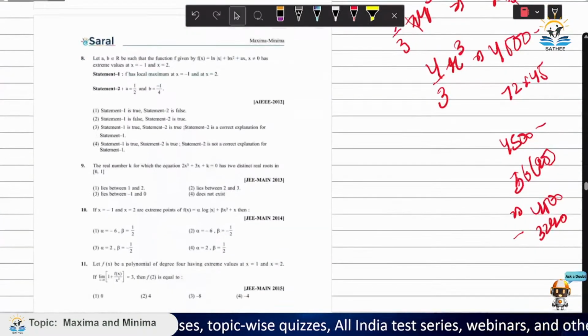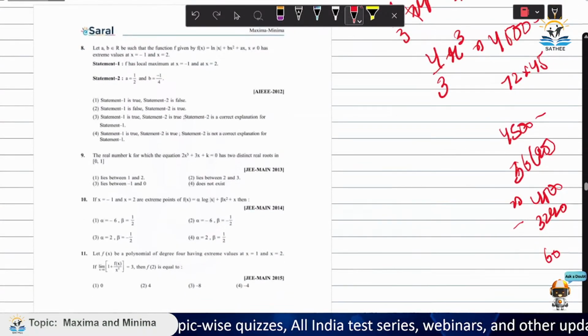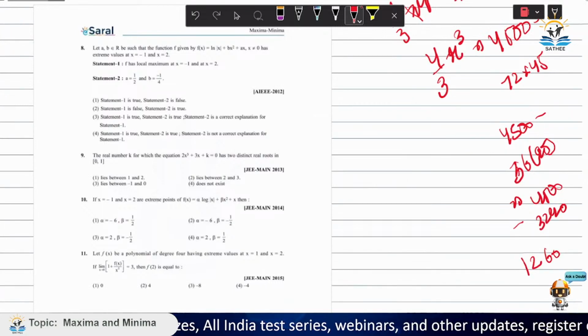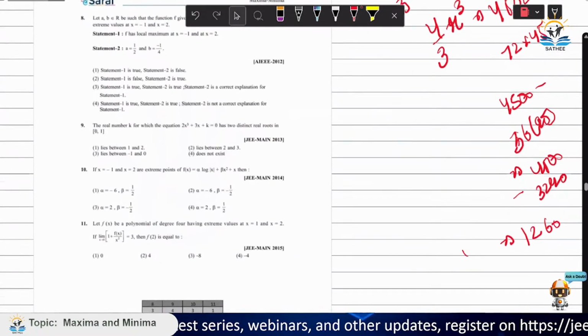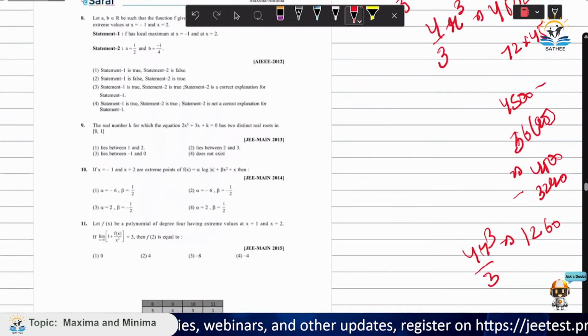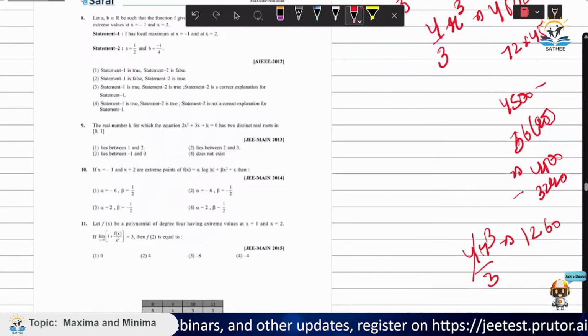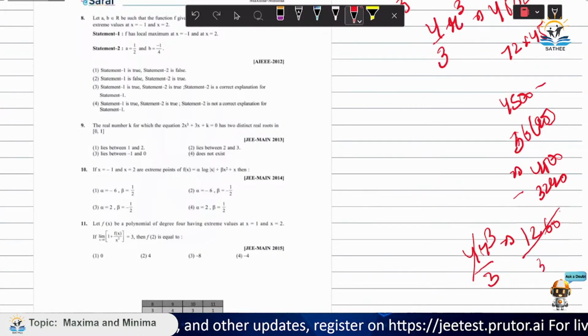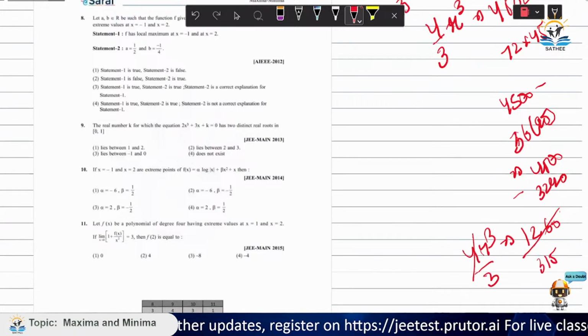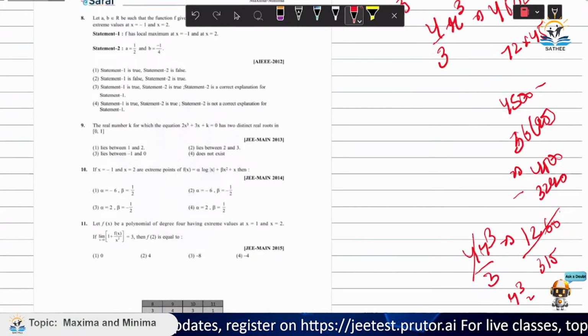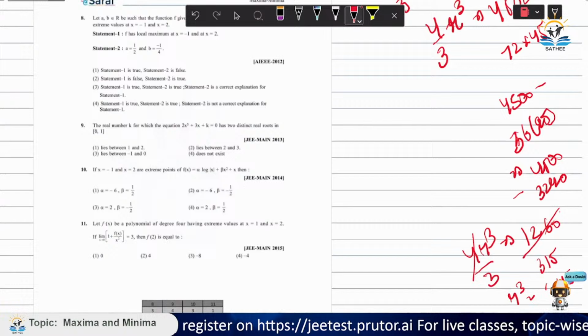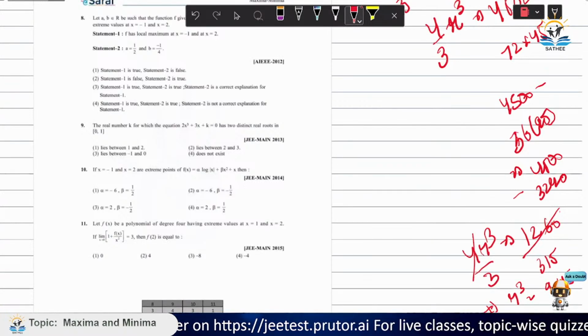Yeah, it is 3240. So we have 4,500 minus 3,240, that is 1,260. So let's cancel this. This is divisible by 4. So r cube comes out to be 945.